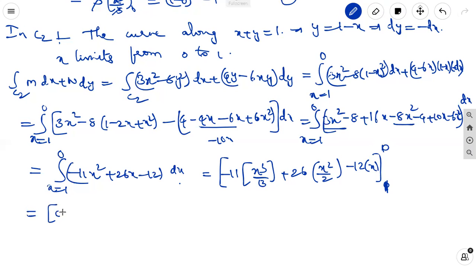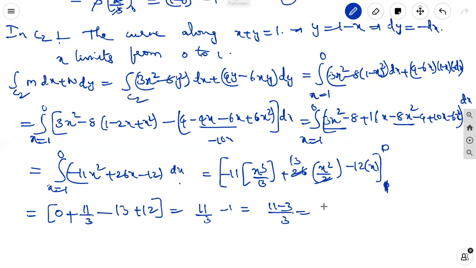Here 0 only, minus into minus plus 11 by 3 minus 2 ones are 2, 13s are minus 13, here minus into minus plus 12. It is equal to 11 by 3 minus 1, which is 11 minus 3 by 3, it's 8 by 3. This is the second one.